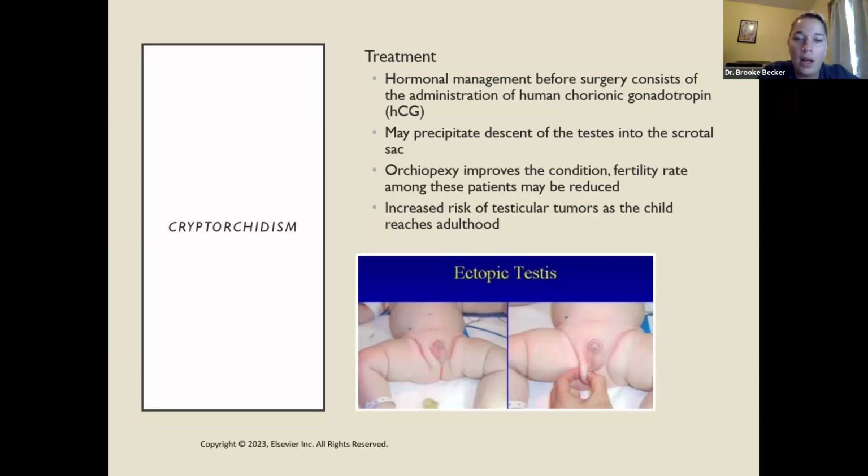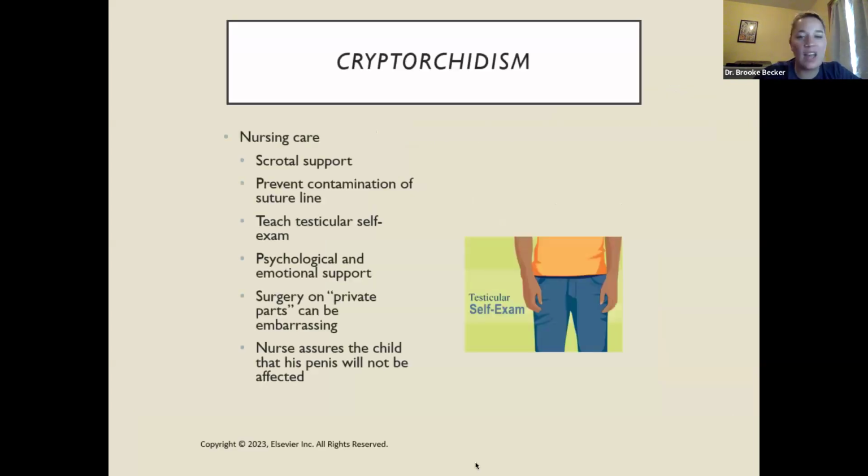That's the removal of the testicle. So sometimes they have to do that if it won't remain in place in the scrotum. So this is showing you an inguinal hernia where the testicle has actually herniated into the inguinal canal as well. That needs surgery.